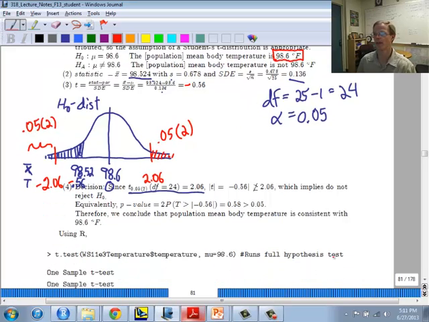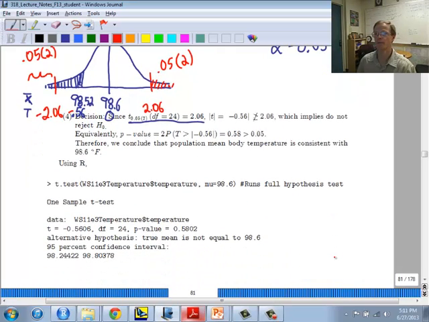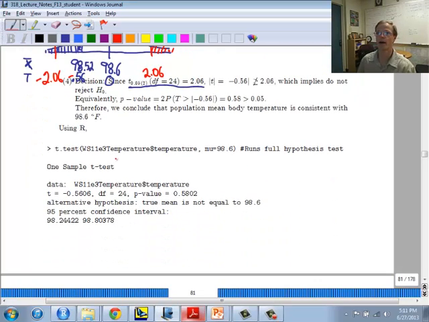Okay, now I have the command to run that using R. It's t.test, just as the confidence interval was. Take note, you've got to put in the mean that you want to test against, otherwise the p-value calculation will be off.